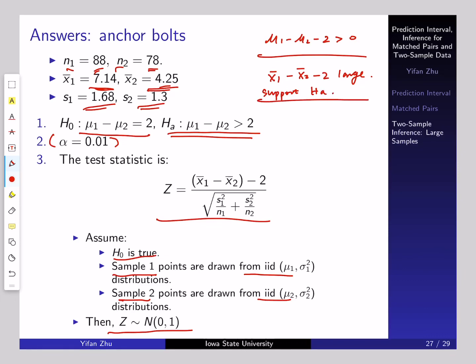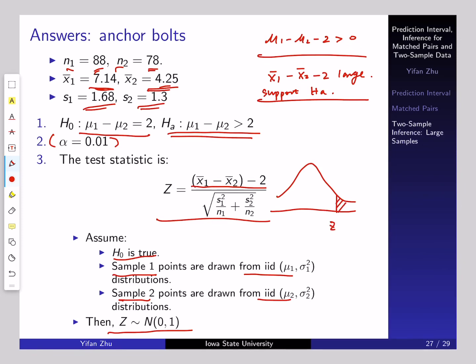Okay, that means because it's just the denominator and the numerator, sorry. So that means the Z test statistic will support the alternative if the test statistic is large.